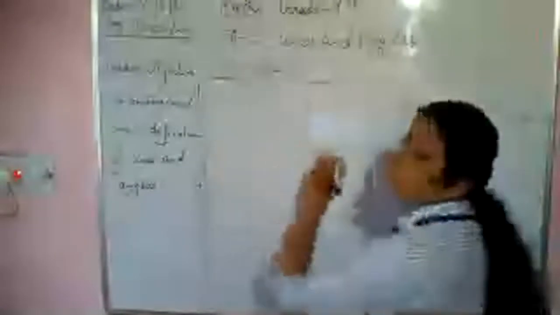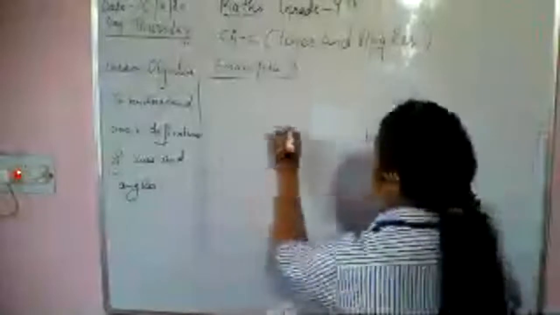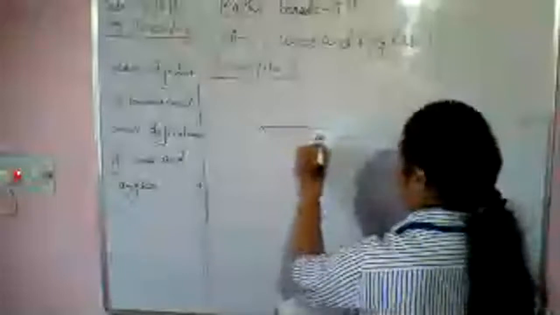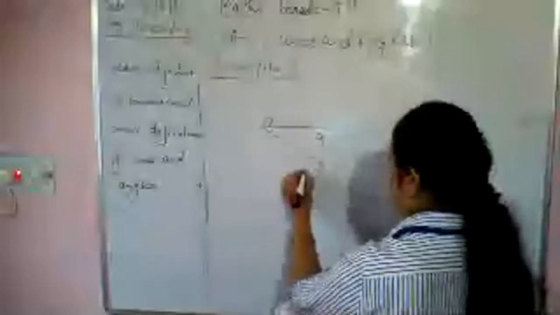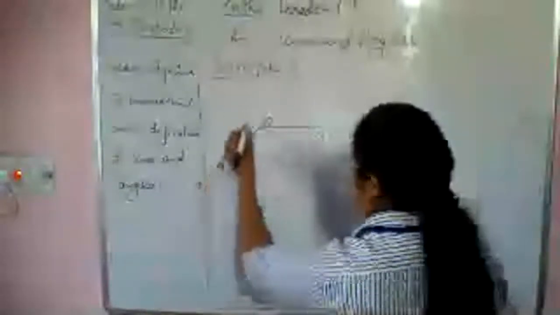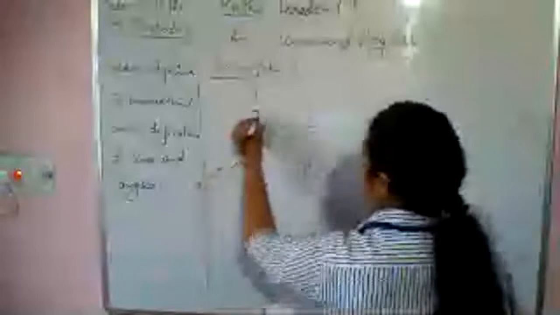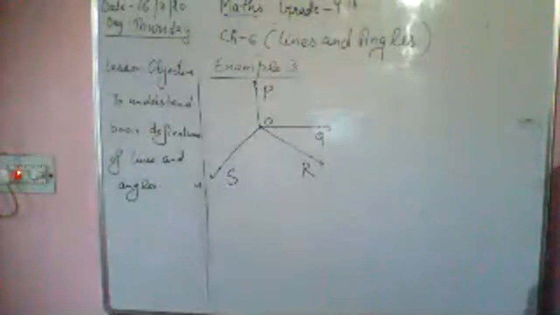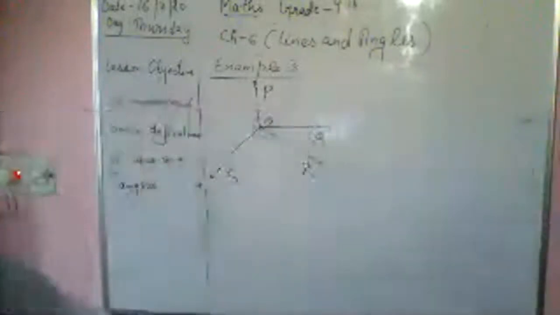Example 3: Q, O, R, S and this point P. So draw the figure first.